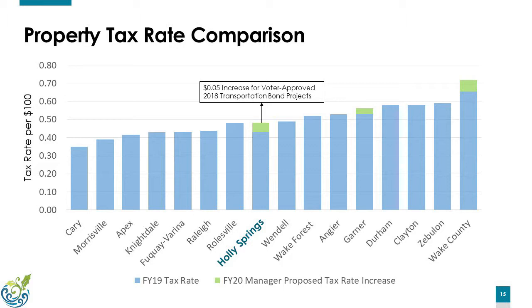And then the green components represent other city or county manager proposed tax rate increases. There might be others. There may be a couple others out there who haven't recommended their budgets yet. But of the ones we know, you have one in Garner, Holly Springs, and Wake County, which you've heard about. And as you see from this, Holly Springs is right in the middle of those other peer jurisdictions.